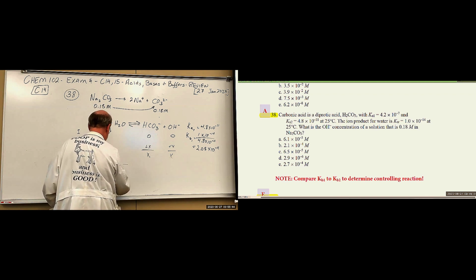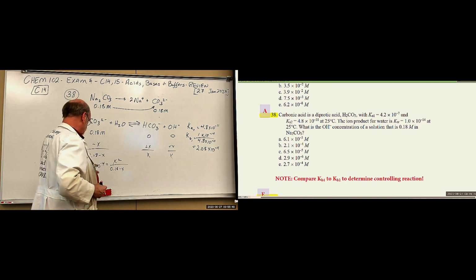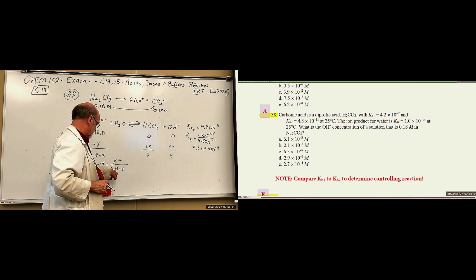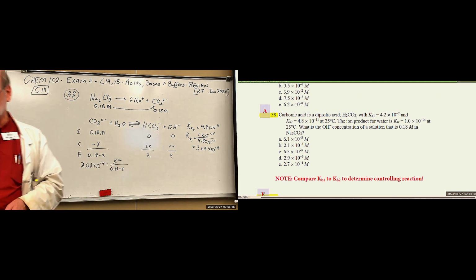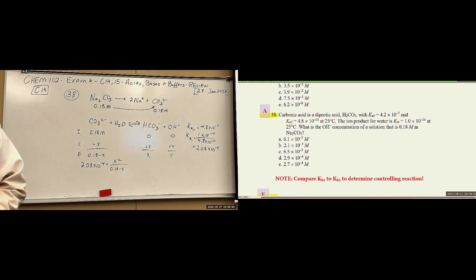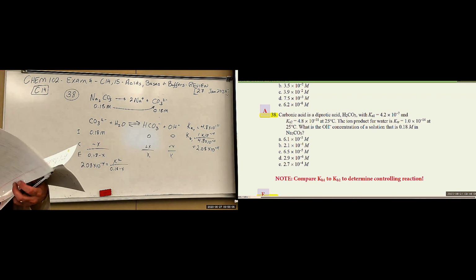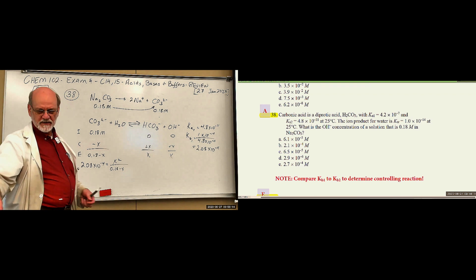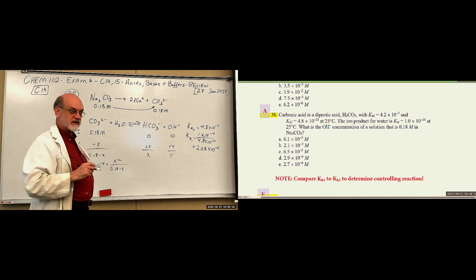over 0.18 minus x. Now we have to ask ourselves, is that number small enough so that the appearance of x can be ignored, right? And I'm going to cheat a little bit. Let's see. Look at the 38. Yeah. In the work problems, I actually did the 5% rule calculation and it came out 3.4%.